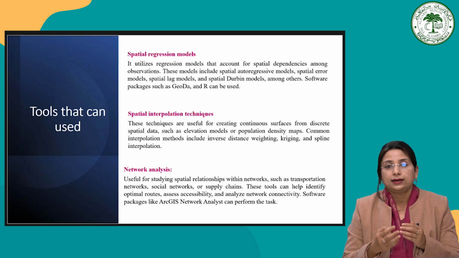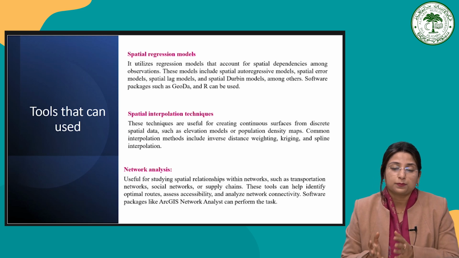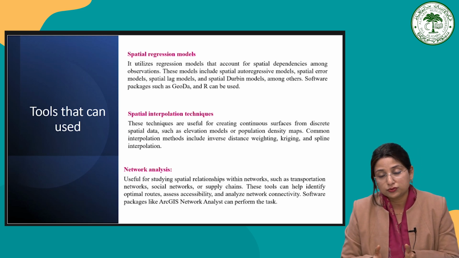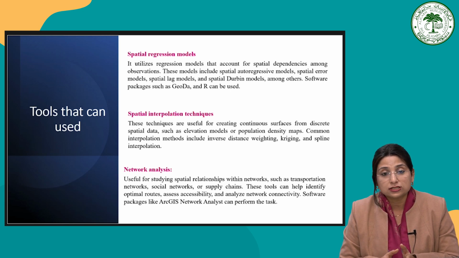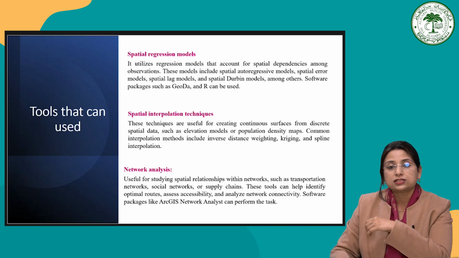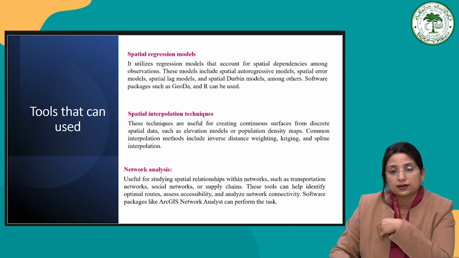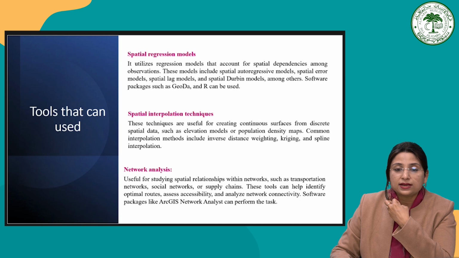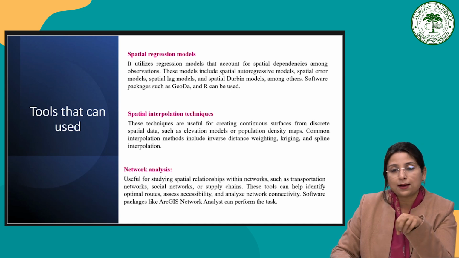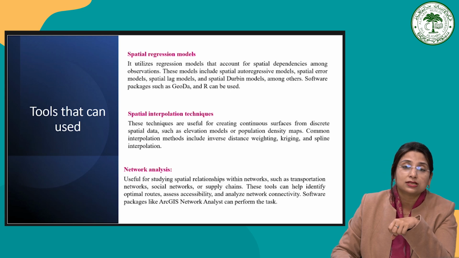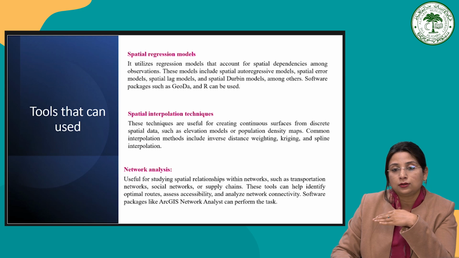For example, we can use it in temperature data, in precipitation data, and also in digital elevation models. So these spatial interpolation methods estimate values at unsampled locations based on observed data points, or known points.